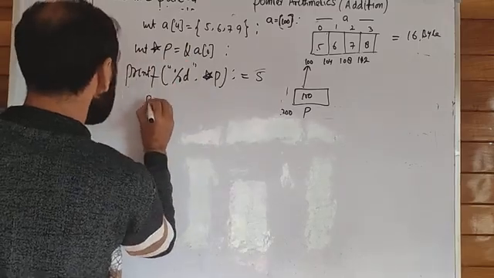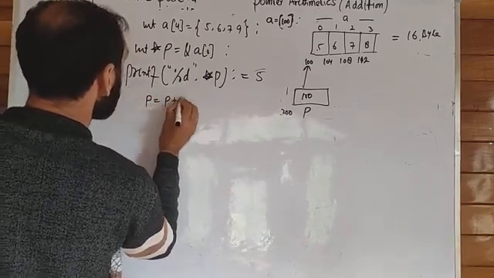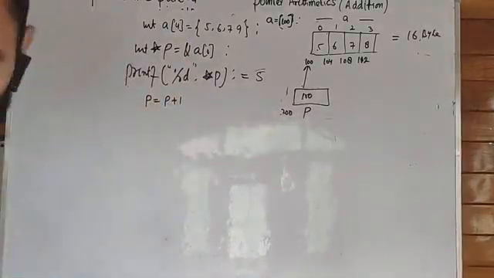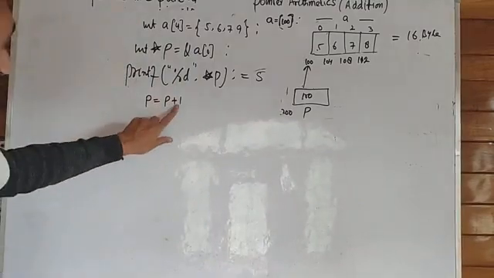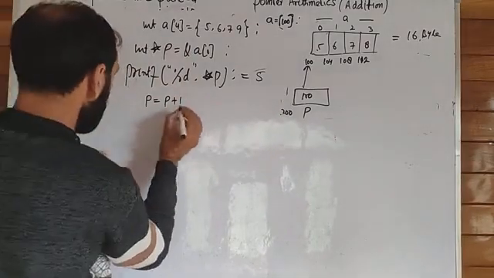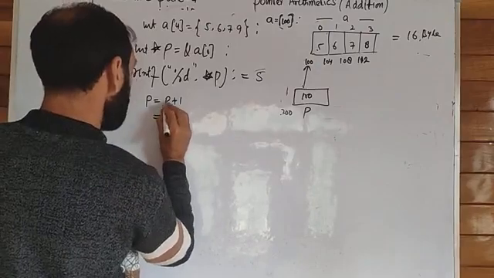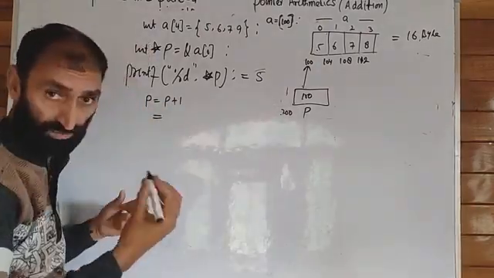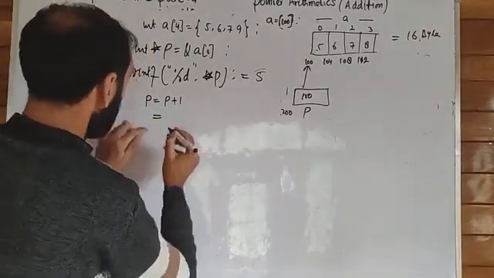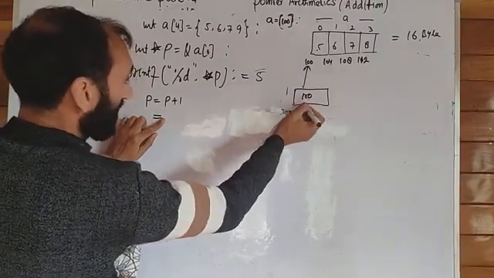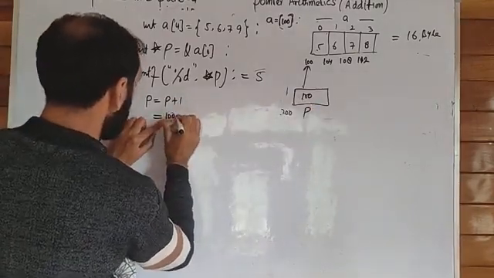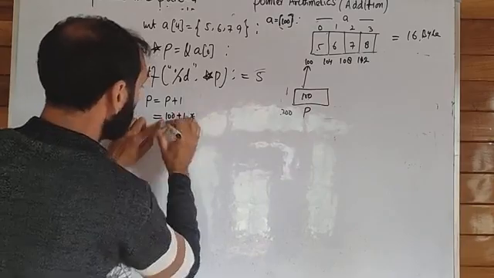Now if I write P equal to P plus 1, there is a formula. What is P? P is 100. P contains the address 100, plus 1 into the size of the data type.